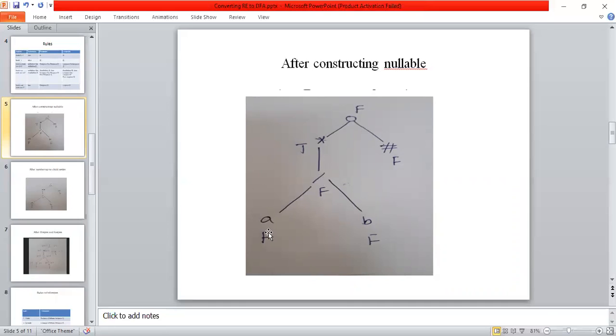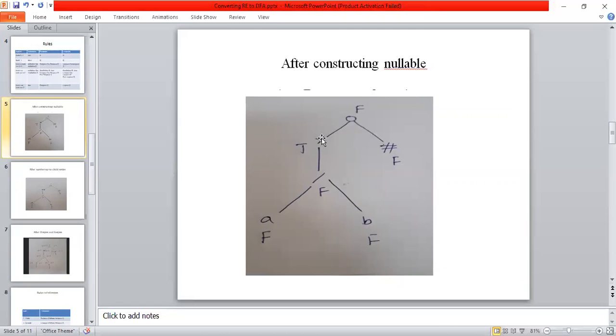R means what? This value plus this value, false, false. Again you will get false only. R node means any value is true, the result is true. If both the values are false, the result is also false. So for the R node, here I have F or F. I'll get F. So this is about the R node.